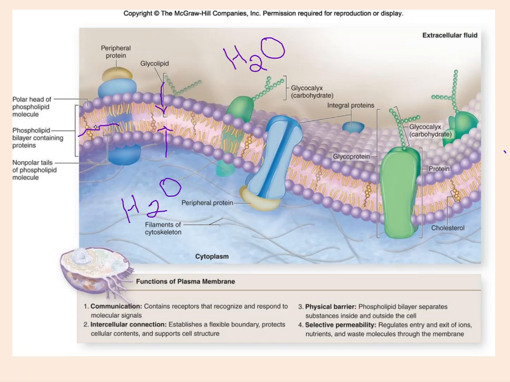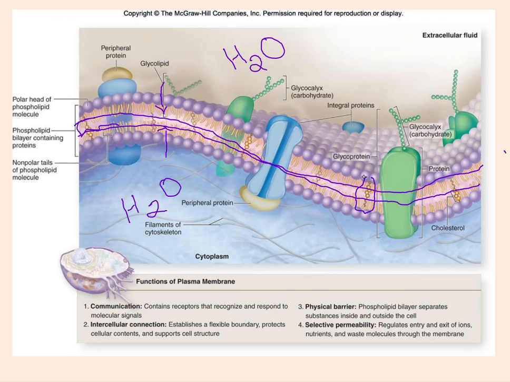And this will then form a phospholipid bilayer where the interior of the membrane forms a fluidity, allowing things to move through there, especially things that are hydrophobic, not liking water, right? So that's what you're going to have there.